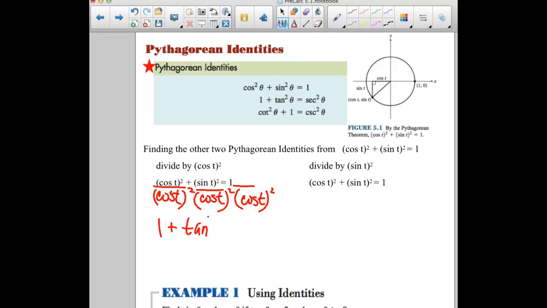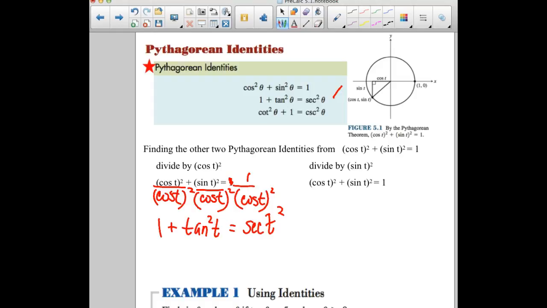So we end up with tangent squared here. And then on this last piece, I'll move the 1 over here so we can see it better. We have 1 over cosine squared, and the reciprocal of cosine squared is secant squared. And so that is our second Pythagorean identity, which basically means if we memorize the first one, we can generate the others.